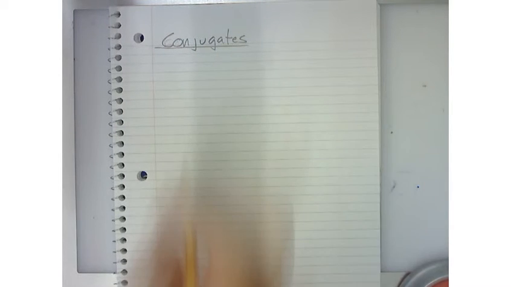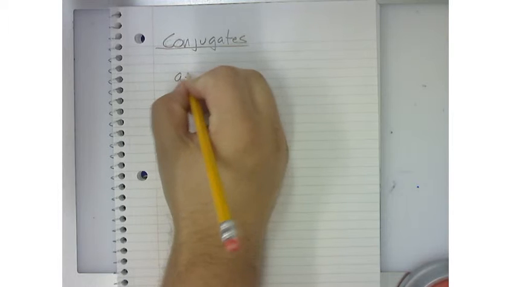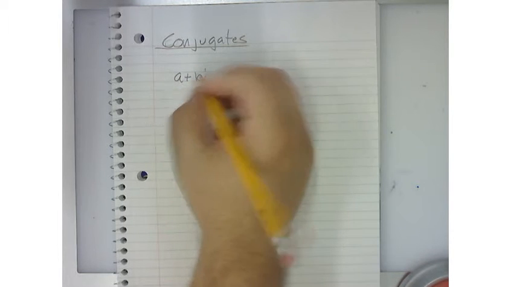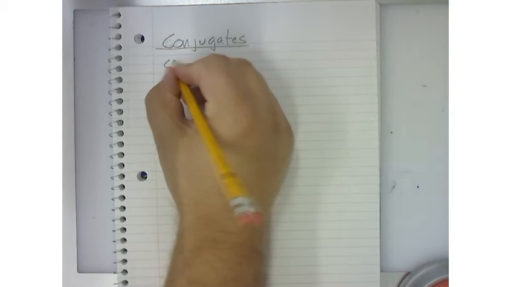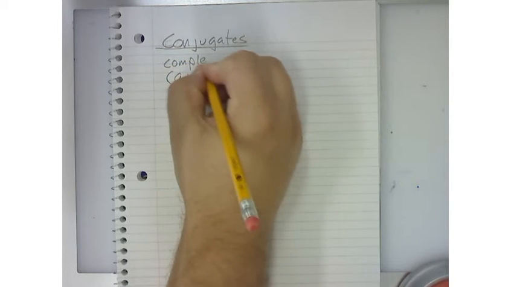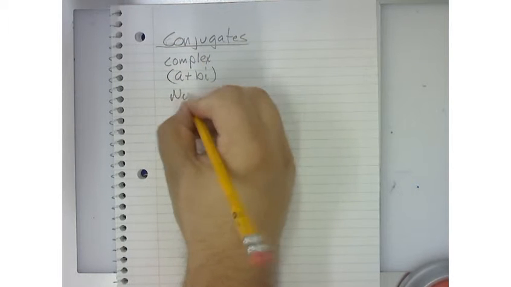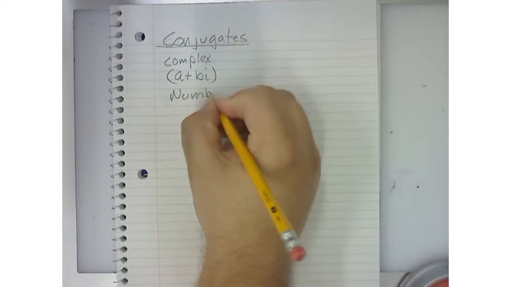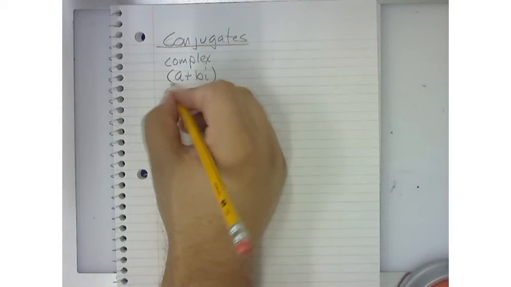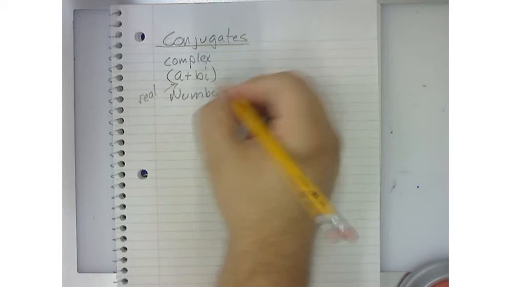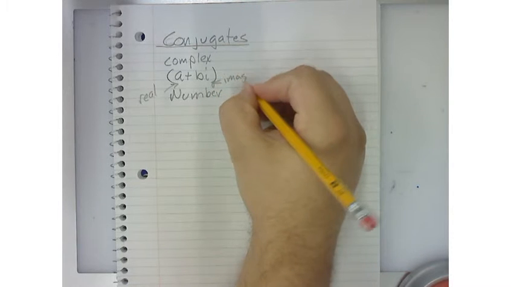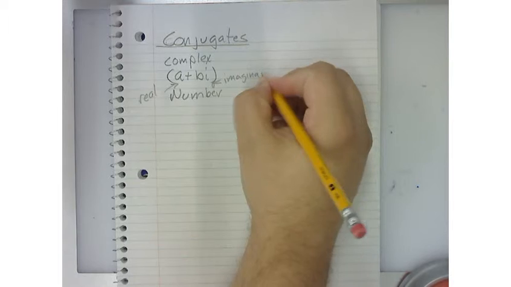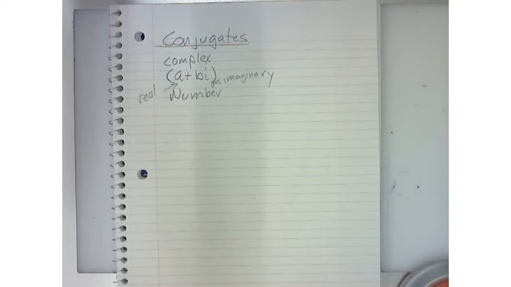If I have a complex number, a plus bi, this is the real element and this is the imaginary component. For every complex number, there is what we call a conjugate.